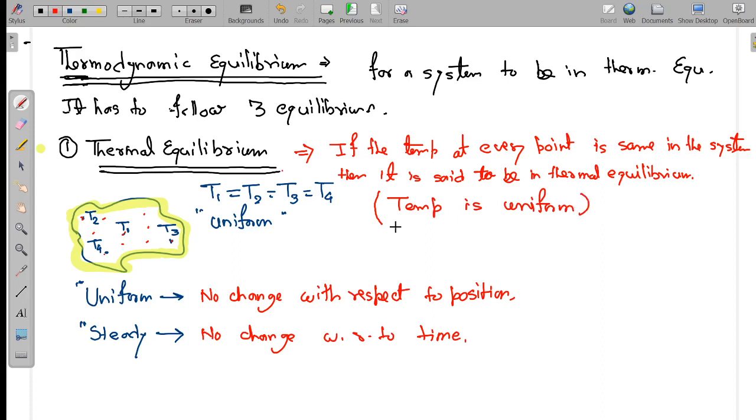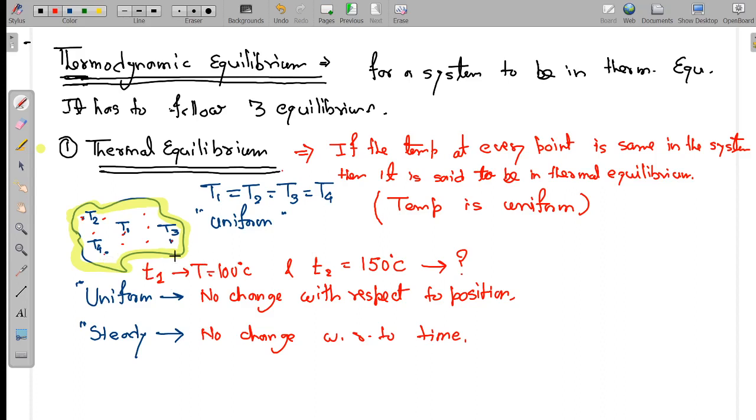Okay, so if I am saying that time is equal to t1, at time t1 the whole body temperature was 100 degrees Celsius, and at time t2 the whole body temperature is 150 degrees Celsius. So can you tell me whether it is in thermal equilibrium or not? Small t is representing the time and capital T is representing the temperature.